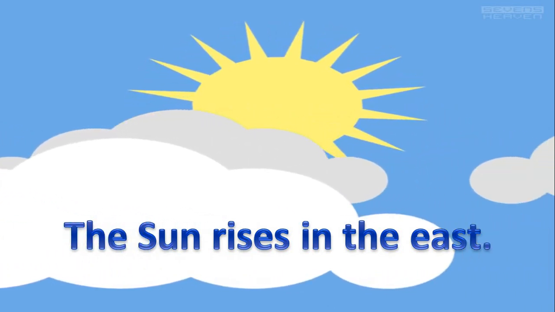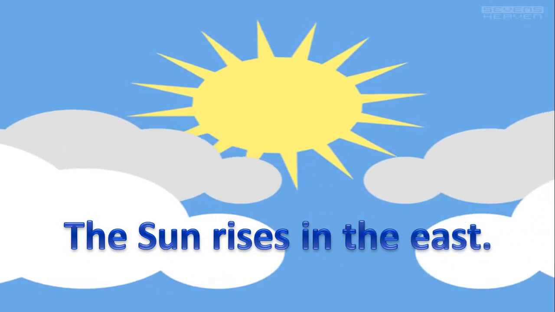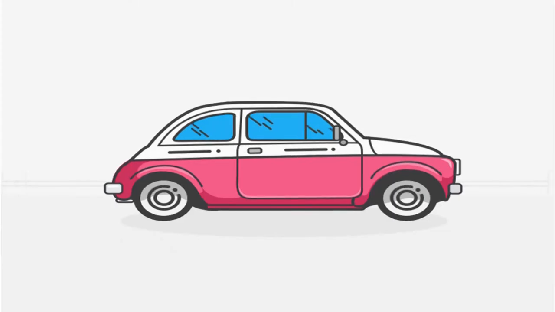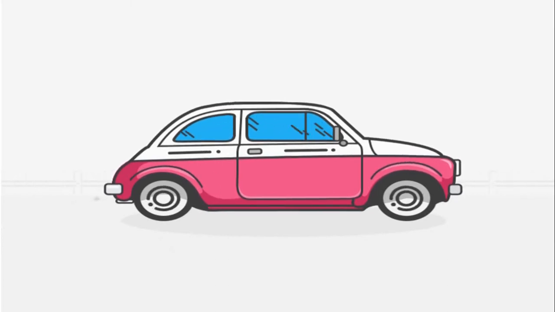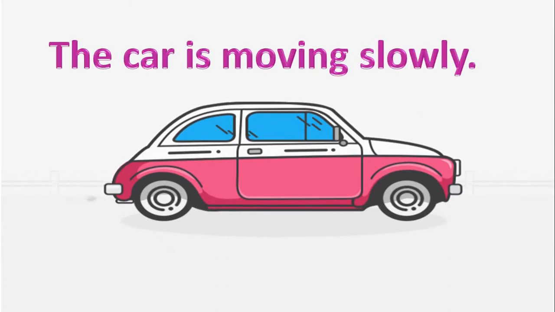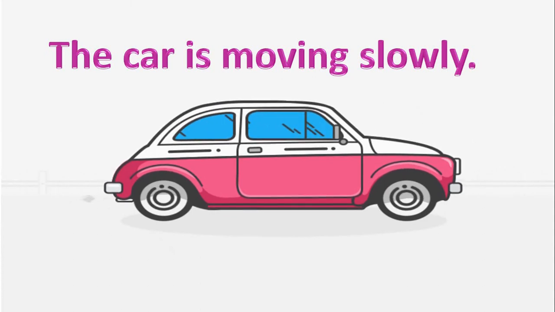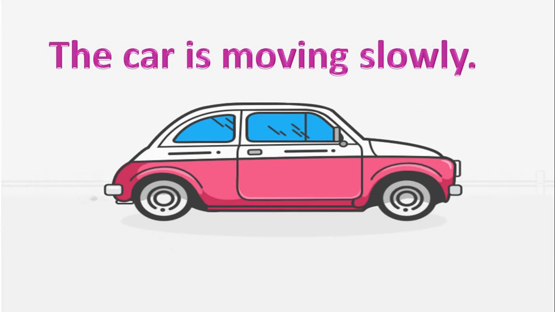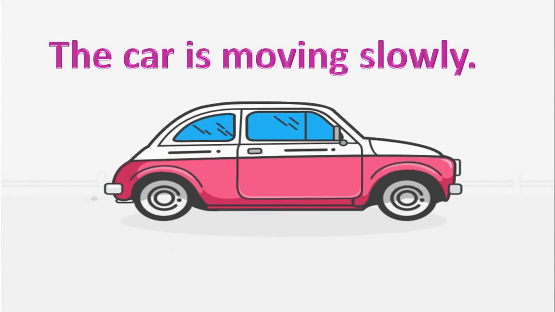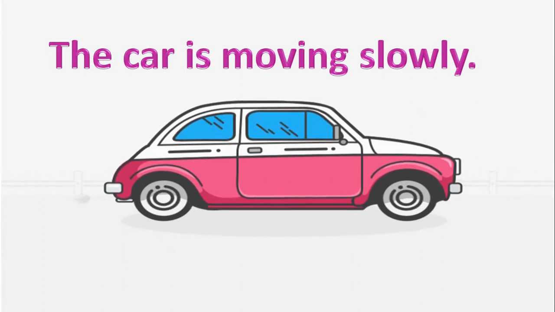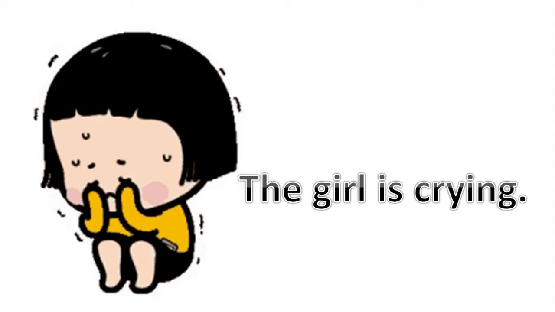That's why it's an assertive sentence, or you could call it a declarative sentence. Next, how is this car moving? Yes, it's moving slowly. So if I want to declare this, I would use a sentence: The car is moving slowly. So it ends with full stop. That's why it's a statement, or you could call it an assertive sentence. Girl is crying. Assertive sentence.